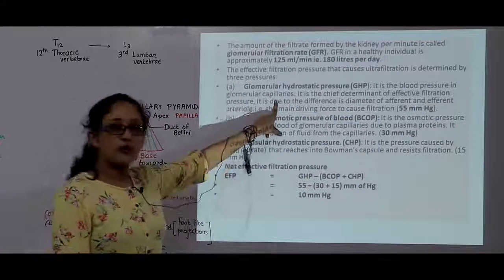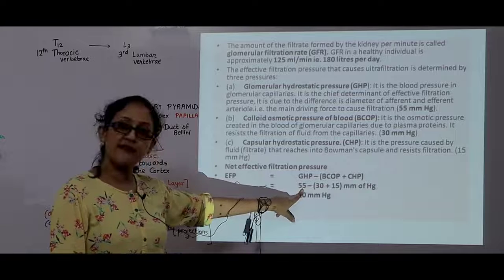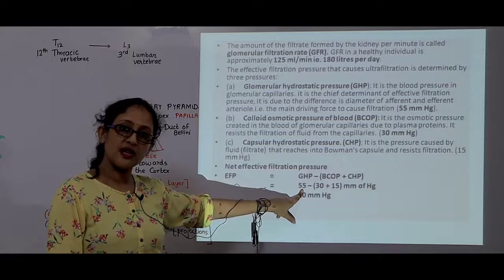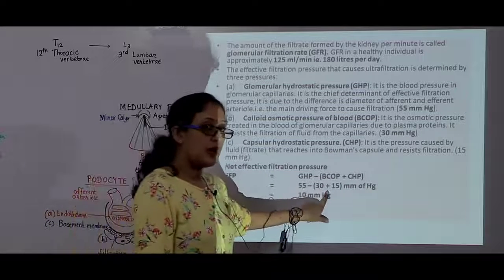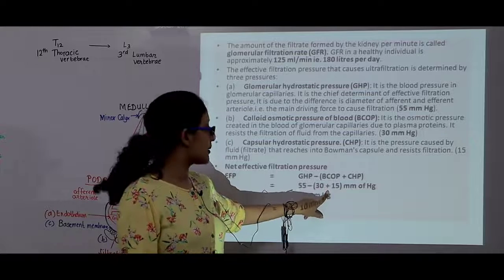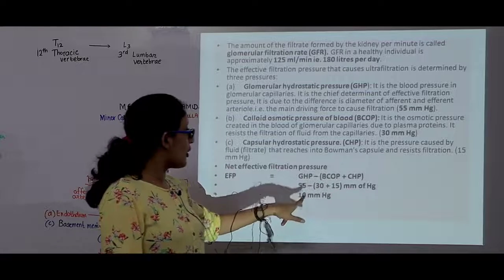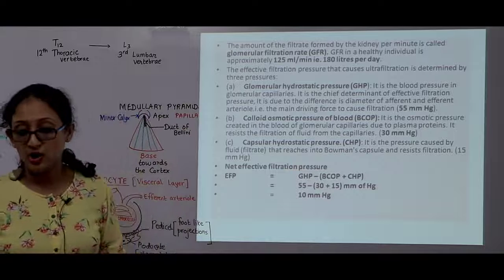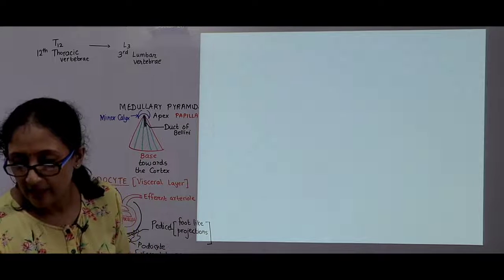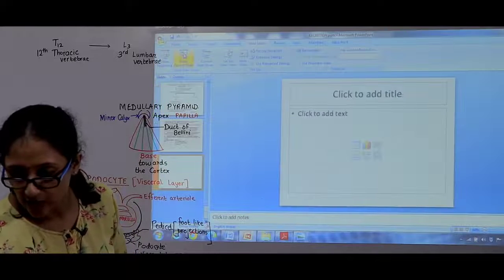Your glomerular hydrostatic pressure is 55, blood colloidal osmotic pressure is 30 and capsular hydrostatic pressure is 15. Therefore, net effective filtration pressure is 10 mm of Hg.